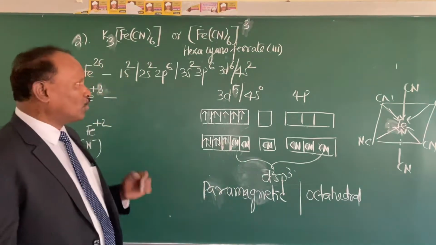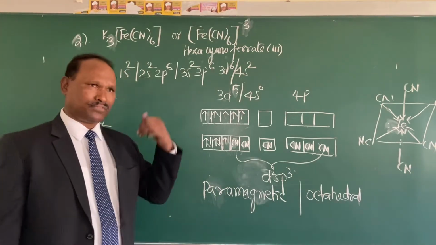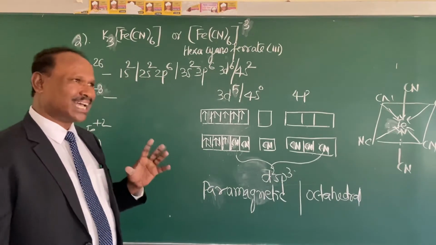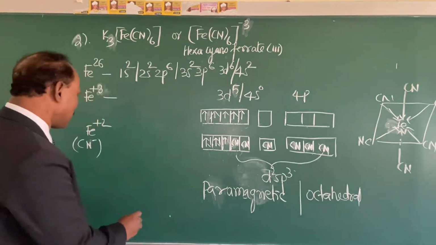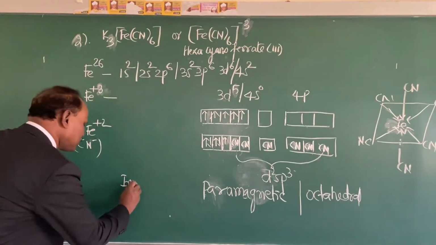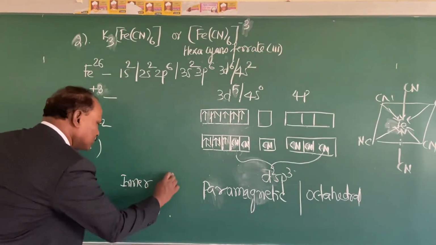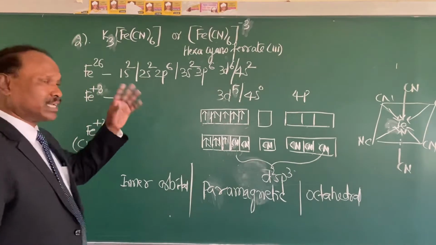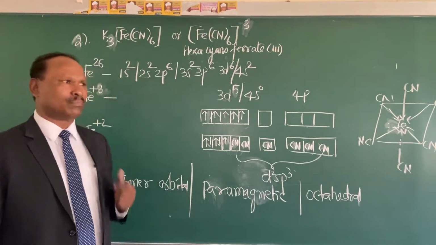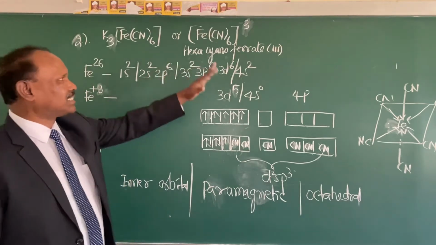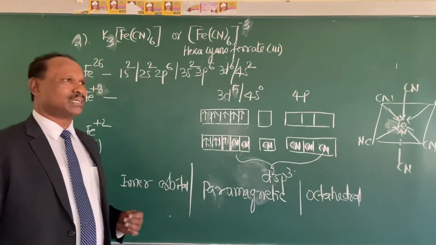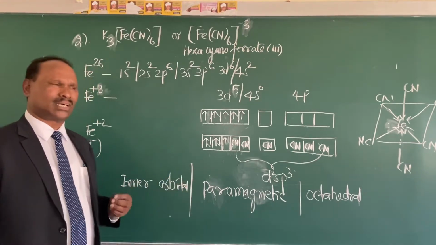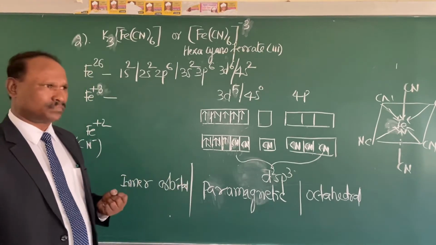Both the complexes, the first one and the second one, are called inner orbital complexes, or inner orbital complex ions.